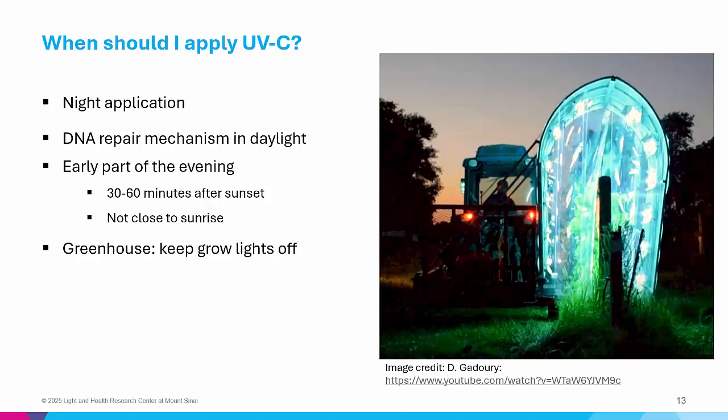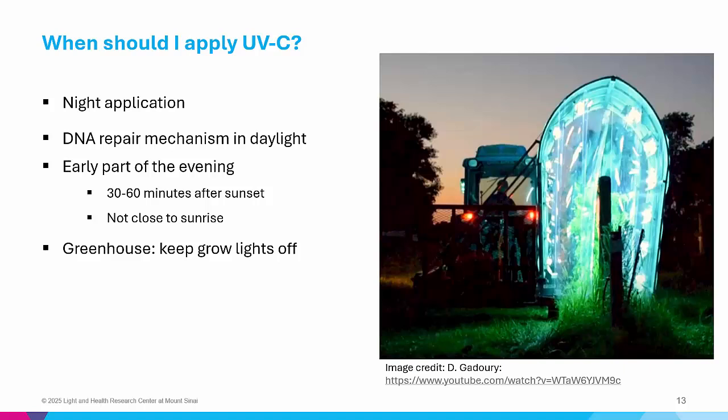When should I apply UVC? This is one of the first images I've shown in which the UV is being applied to the plants. This researcher at Cornell Agritech, Dr. David Godori, demonstrated that plant pathogens do have their own DNA repair mechanisms that are activated by the blue light we have in daylight.